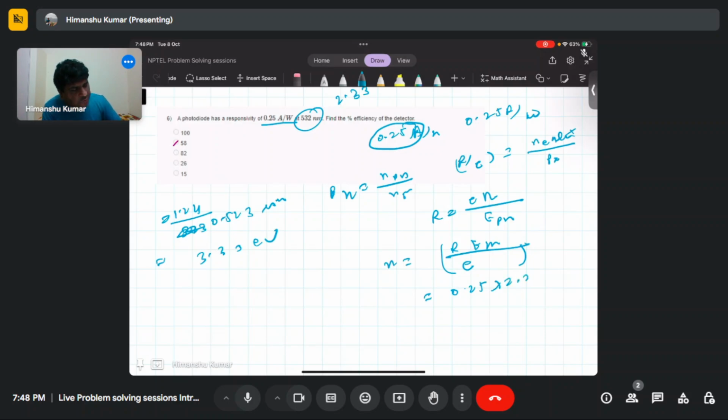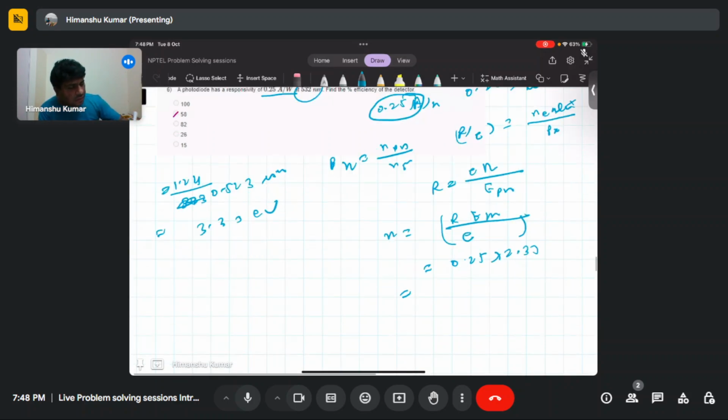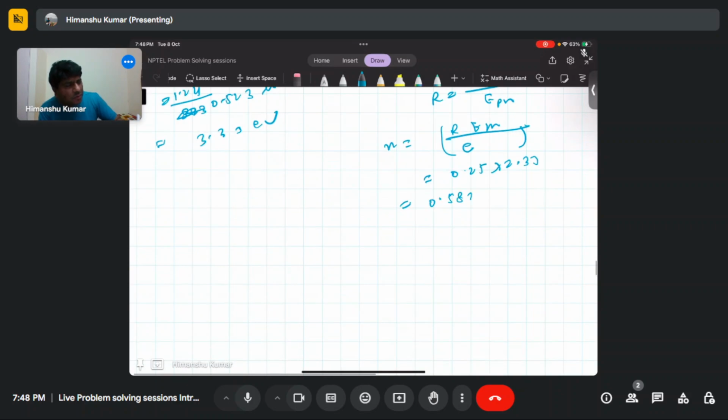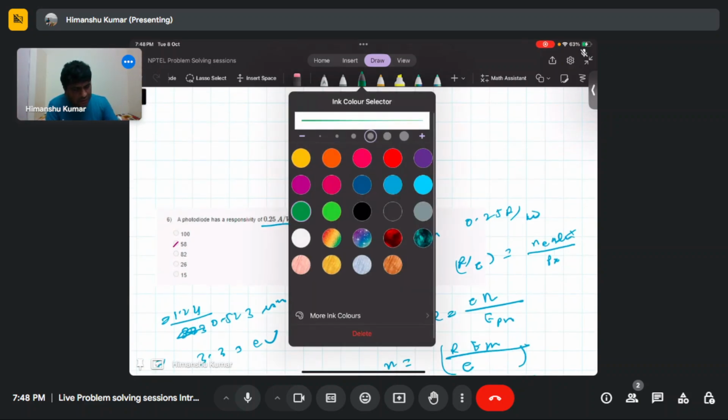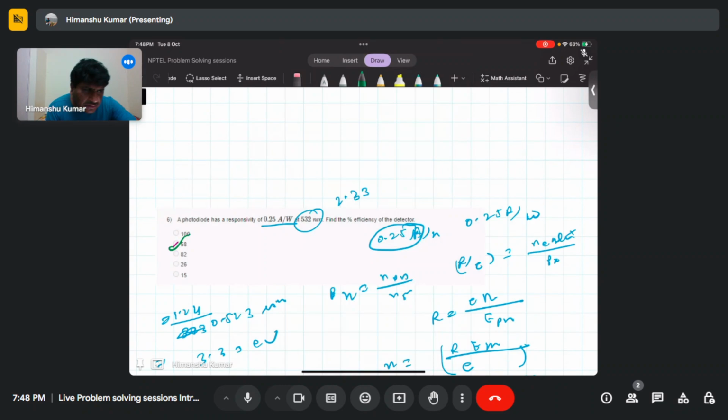If you plug that in, you will get around 0.582, or 58% efficiency. So that is the efficiency of your photodetector. Basically, the correct option is the second one.